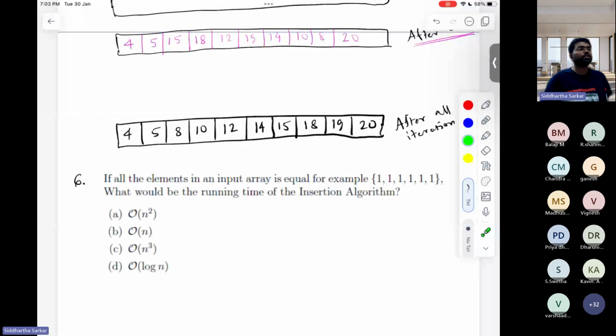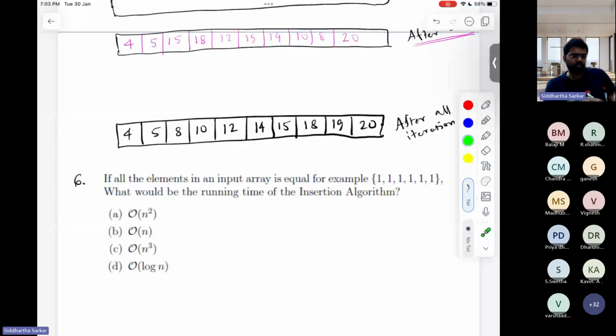The question is, how much time will it take for the algorithm to terminate? Suppose this is already sorted, but the algorithm will still do its job. It will still perform the steps that it is supposed to perform. How much time will it take?